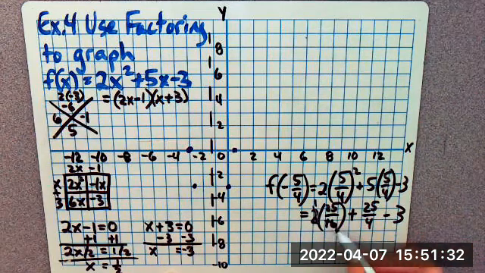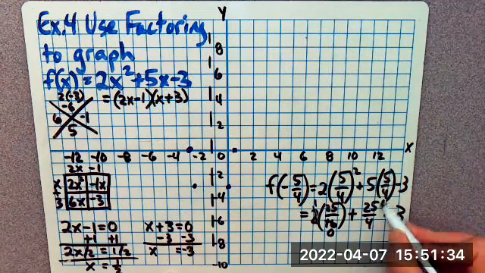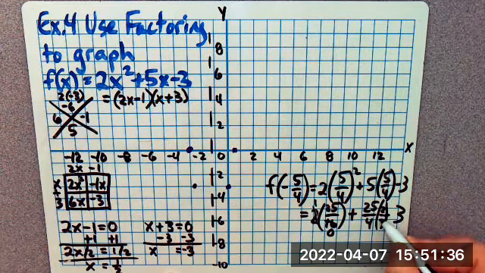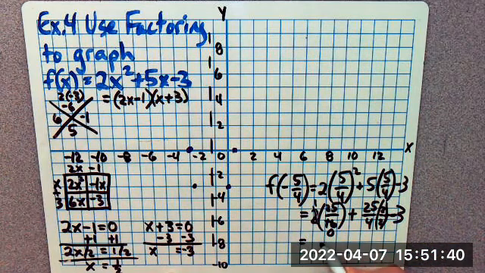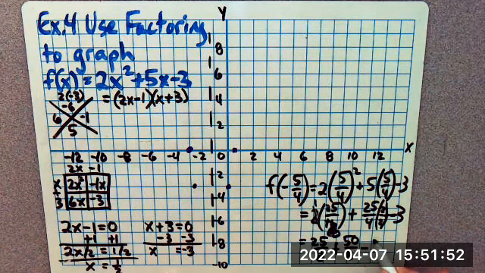So this cancels, that's an 8. We're going to do a 2 over 2 here. So we've got 25 over 8. That's a funny looking 8. Sorry about that. And then we have plus 50 over 8 minus 3. So I have 75 over 8.